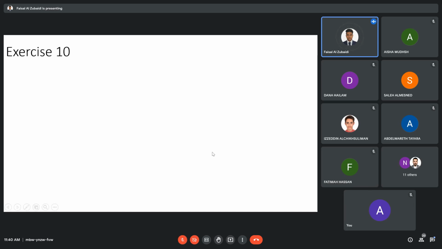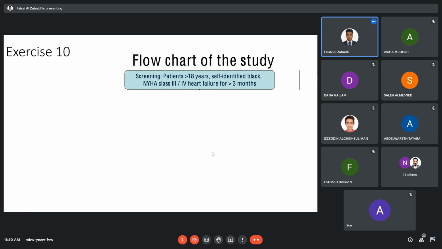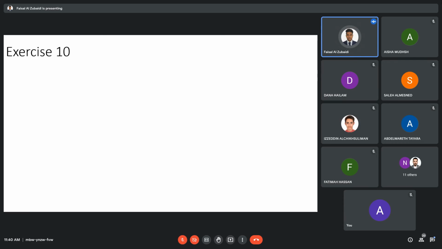Okay, finally the last question, the last exercise. It's exercise 10. I think when I asked about the phases, Fatma mentioned something about selecting the population at first. Fatma, was it you? I want anyone to give me the steps of conducting a research study or RCT.